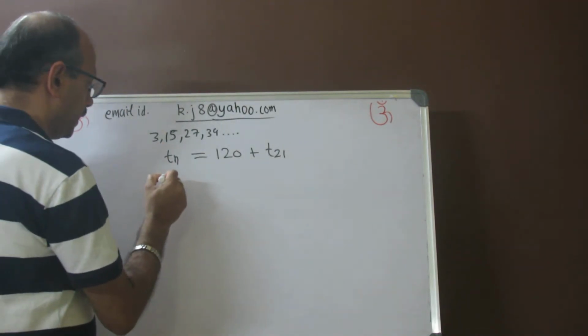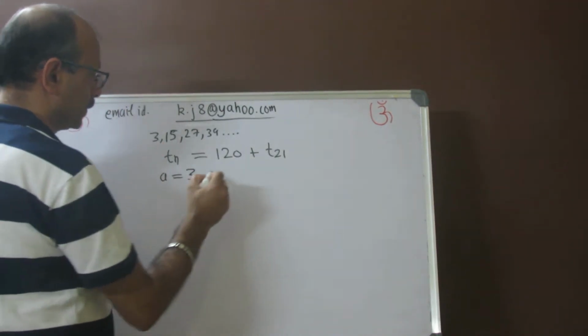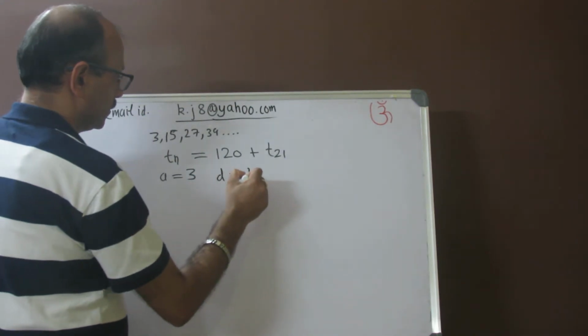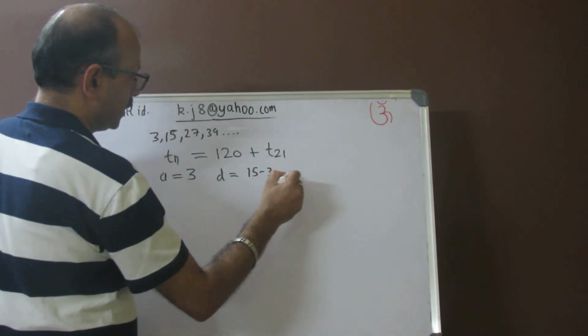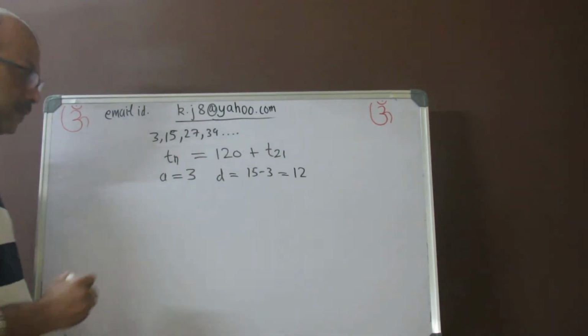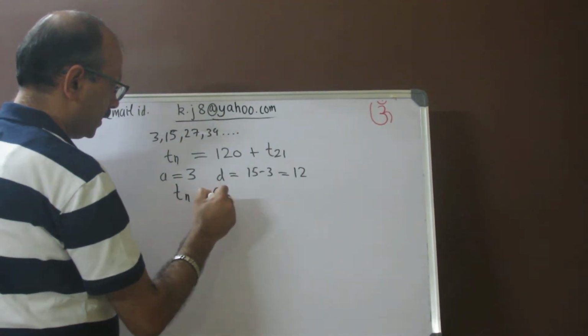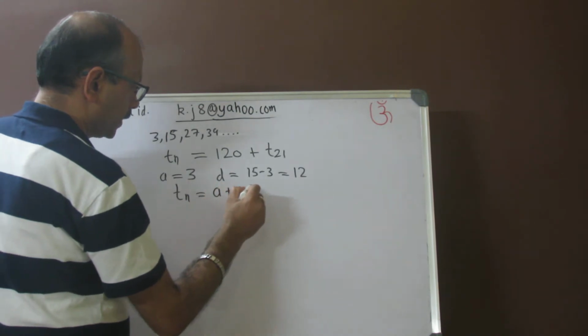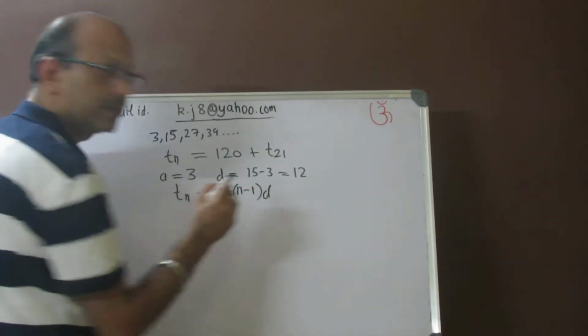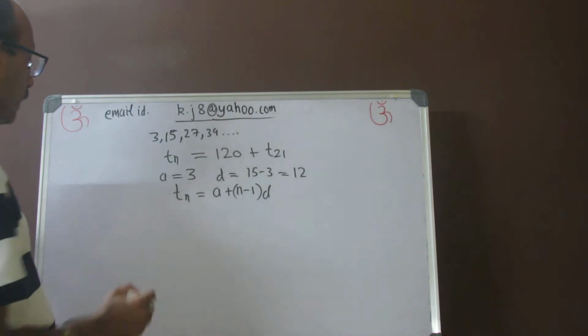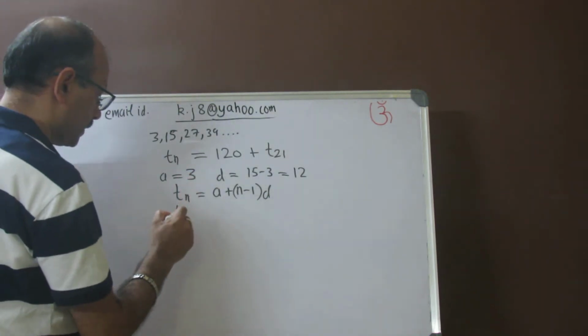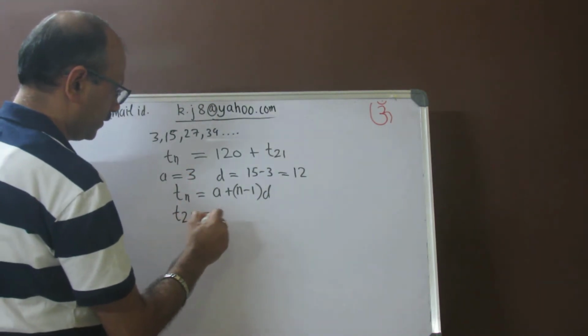So A is 3, D is 15 minus 3, which is 12. First thing first, we will write that Tn equals A plus n minus 1 D. As I said, let us find T21.